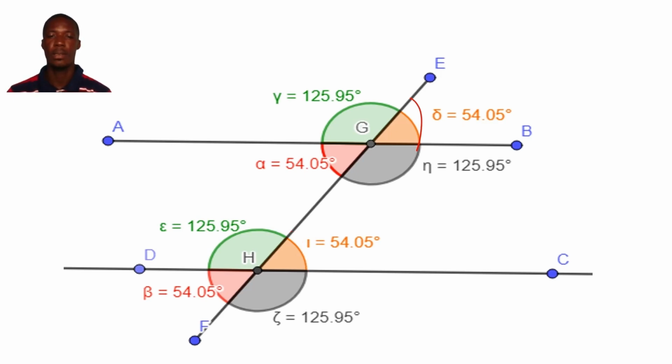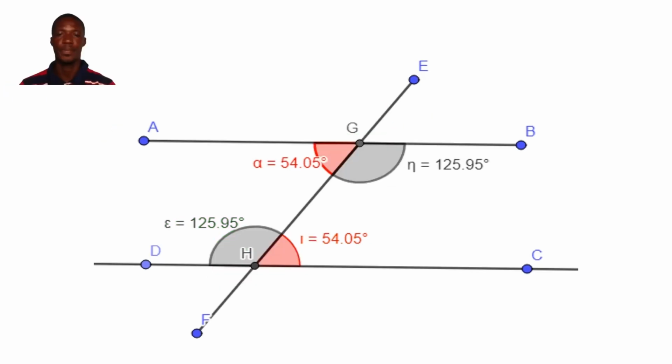Then we look at the others, this one and this one. They also have the same values, and I've used the same color to indicate corresponding angles. So look at it, check for each one of them and study it.